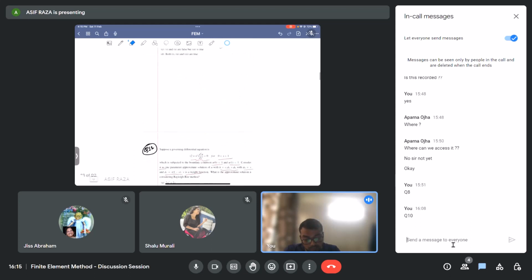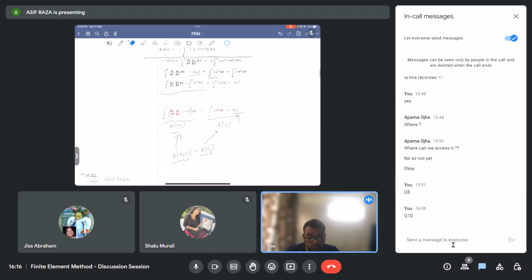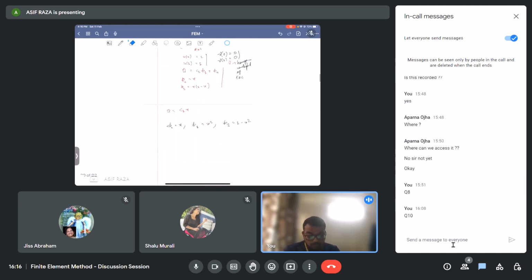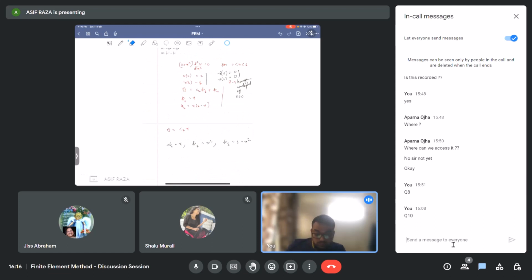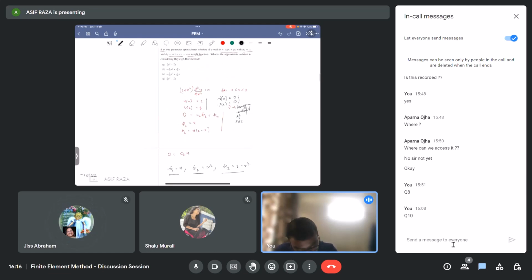This is in regards to weighted integration, when we try to develop this weak form. This is not specific to the Rayleigh Ritz method. For that I told you you can take any weight functions, but with that regard my C1, C2 will change. So let's try to solve this.